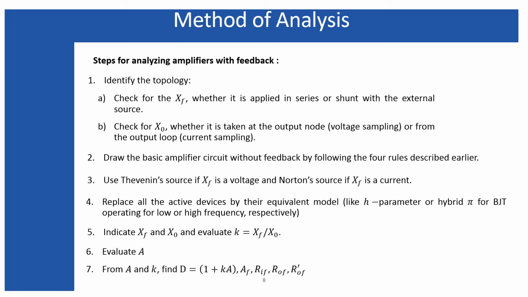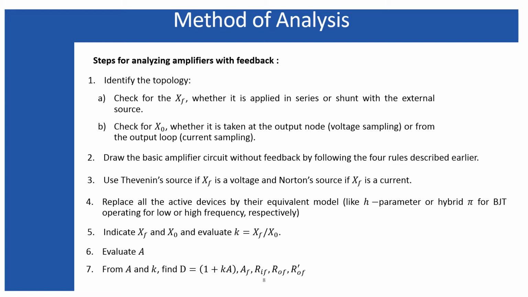When you are given a practical with feedback circuit, you first have to find out what type of feedback it is. Then you have to convert that with feedback circuit into without feedback circuit, but you have to take the loading effect of the feedback network and you have to perform this action following the rules that I have demonstrated in my last couple of slides.